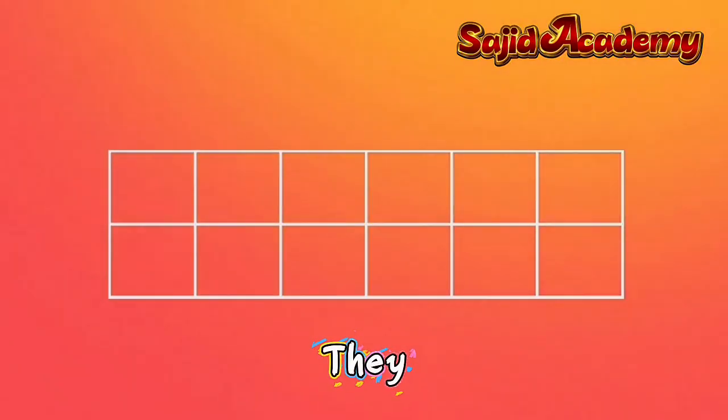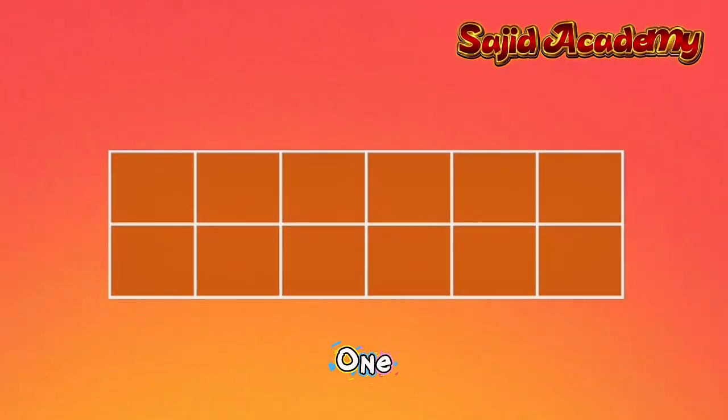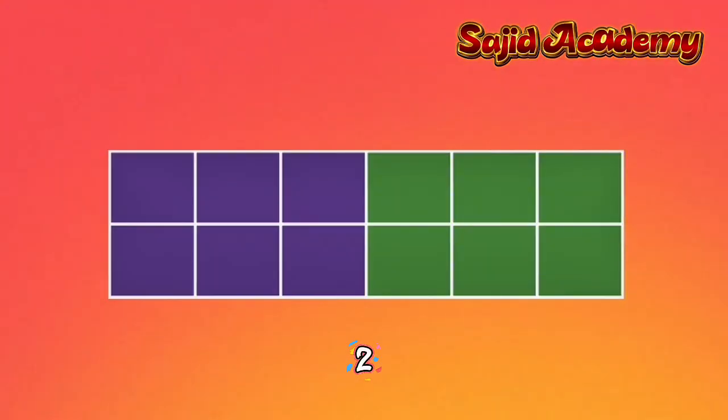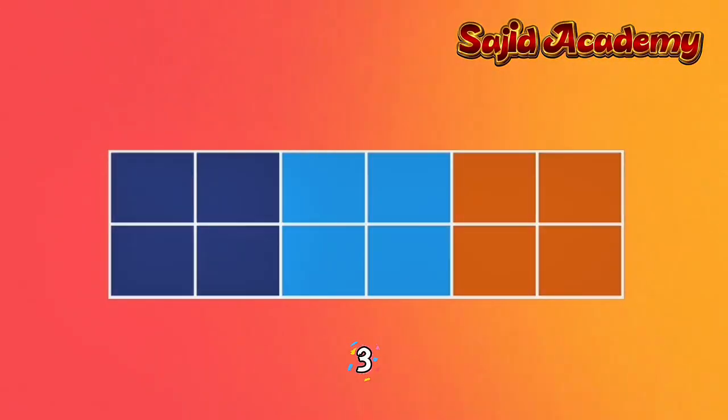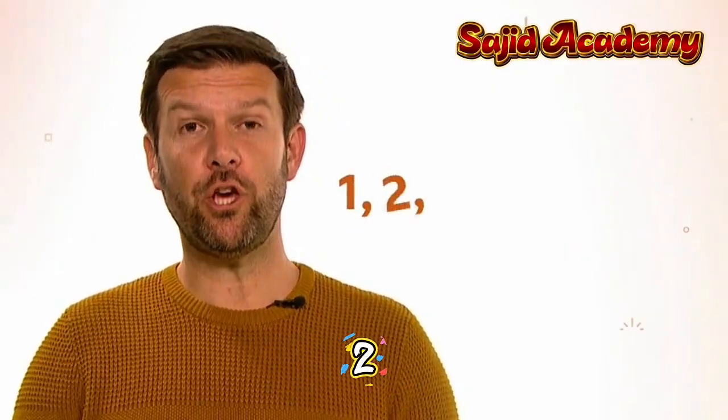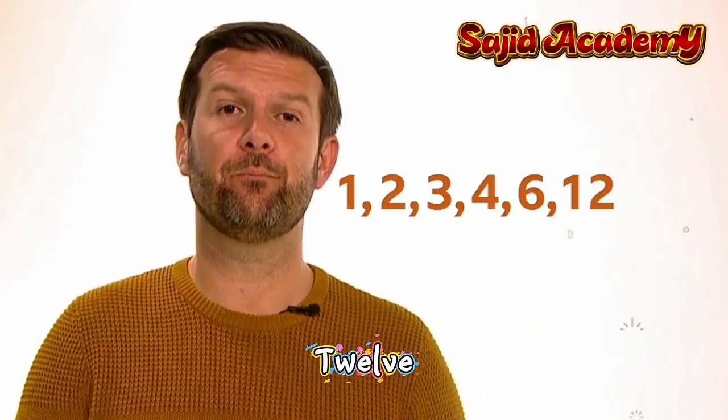So they are 1 and 12, 2 and 6, 3 and 4. So 1, 2, 3, 4, 6 and 12 are all factors of 12.